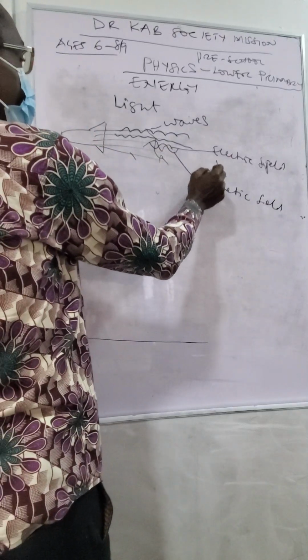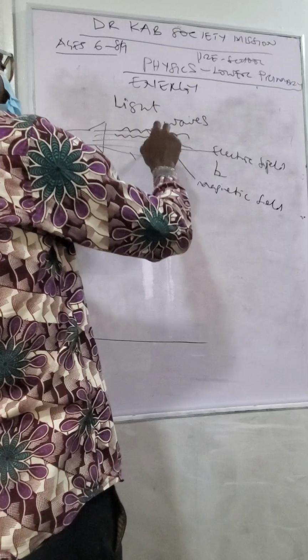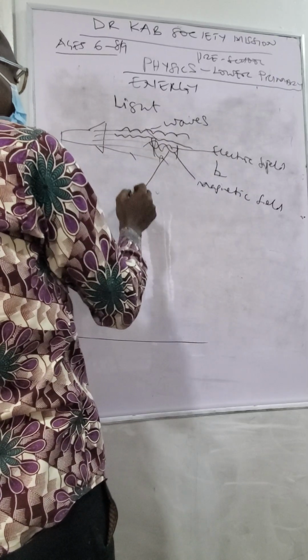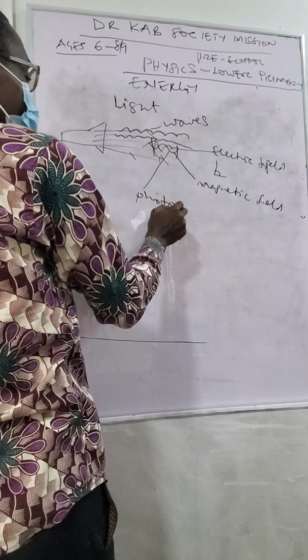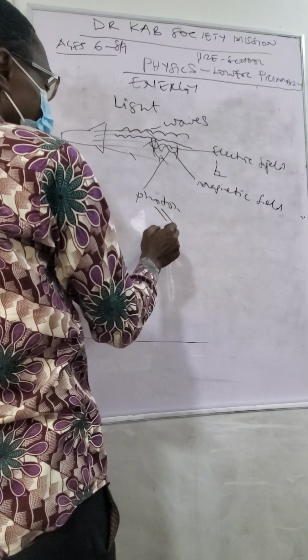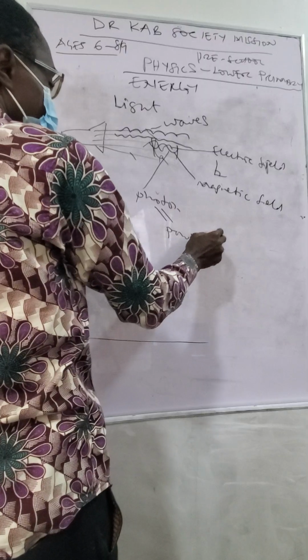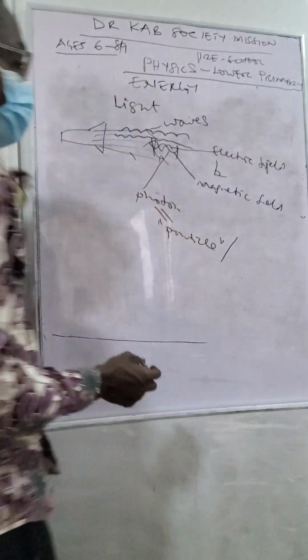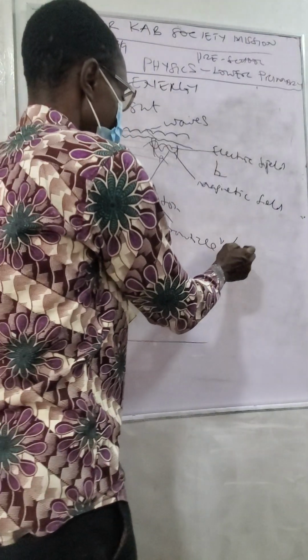They are at 90 degrees, and that is going as the light. A packet of it is what we are going to call a photon. And this can behave like a particle sometimes, and as a non-matter wave too.